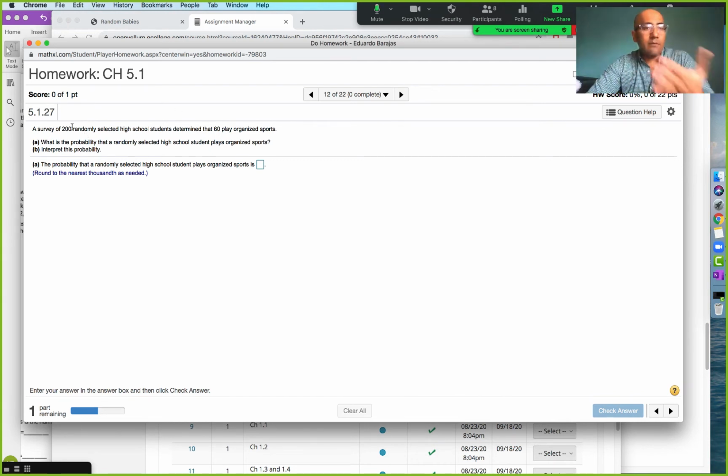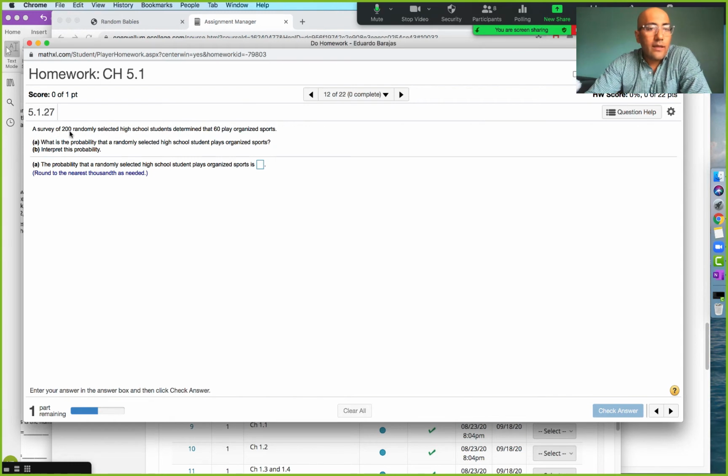Maybe I thought I was being random, but I happened to get a little group of people that travel in packs. Maybe a bunch of players in some sport just walked by the person taking the survey, so now you get a wrong sense of how many people play organized sports. That might be the case. We don't know. That's why we need it to be truly random to minimize those chances.